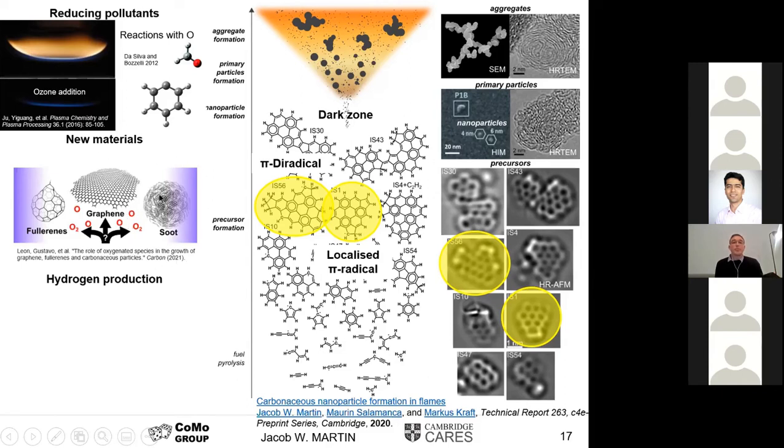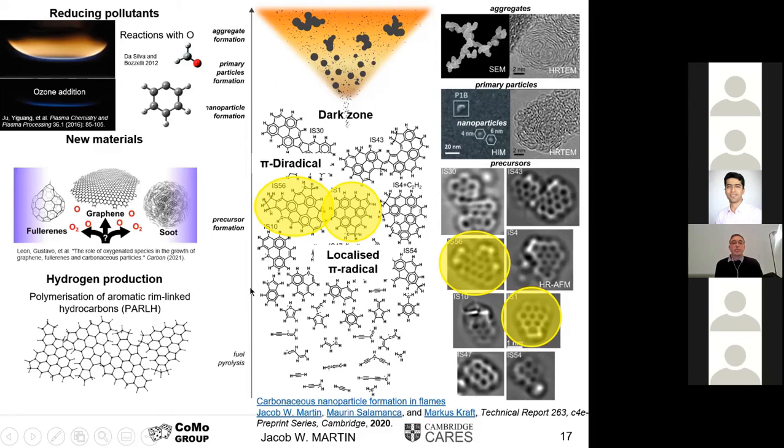And so it would be quite interesting to continue to explore this. And finally, if we can enhance this polymerization process and understand how important it is to soot formation, perhaps we can increase this for the production of hydrogen.